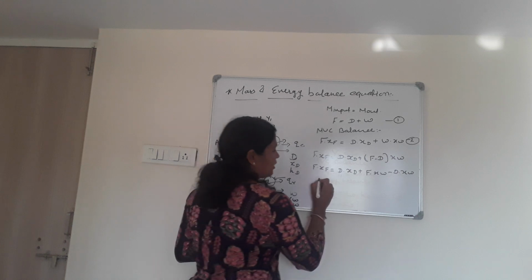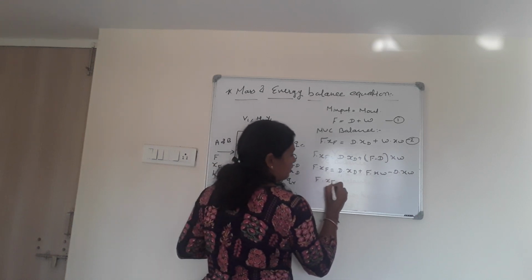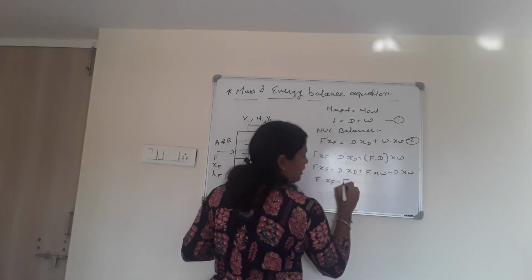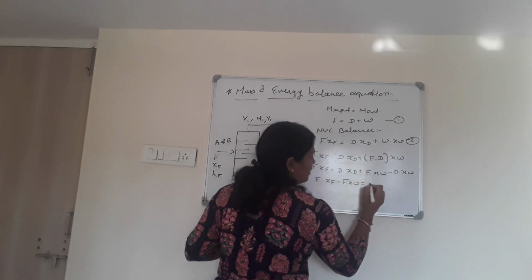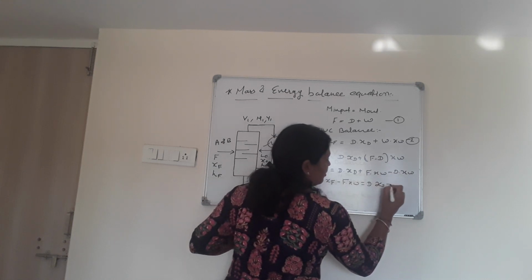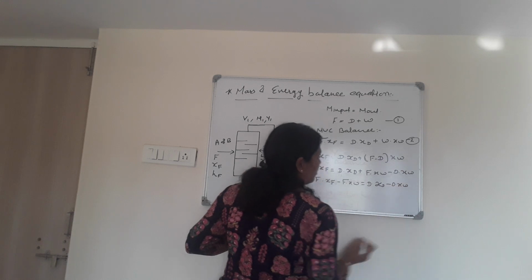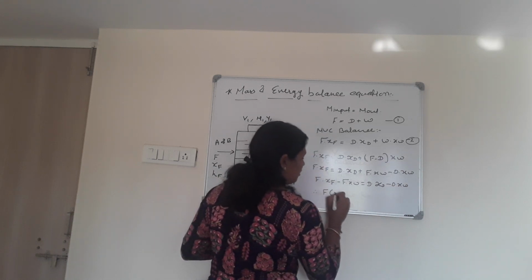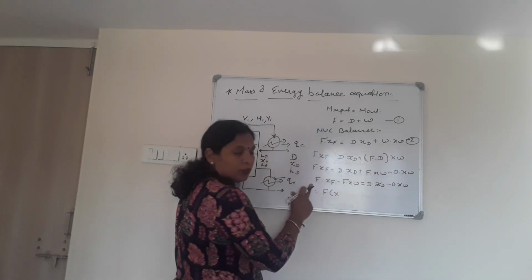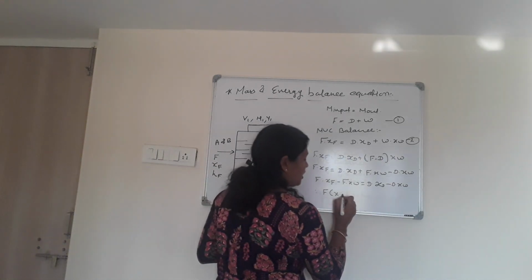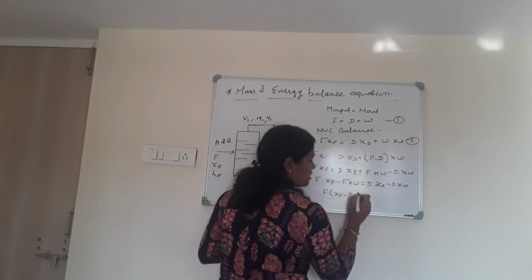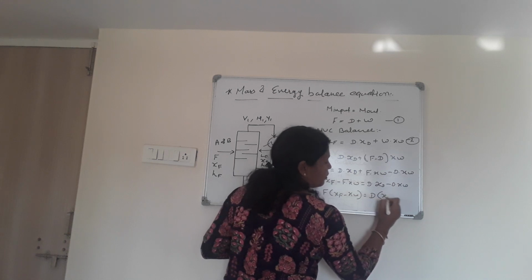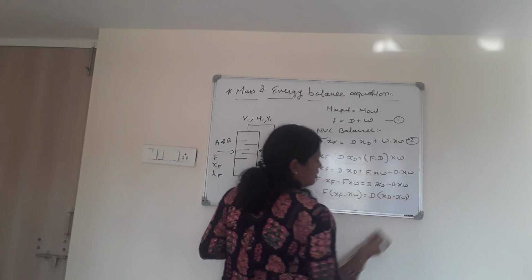Now take the F containing terms on one side, it becomes like this. So if we take F common in this, it becomes F into XF minus XW is equal to D into XD minus XW.